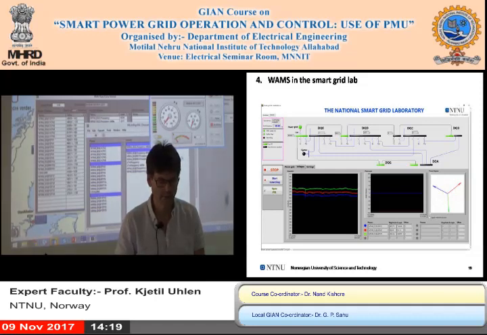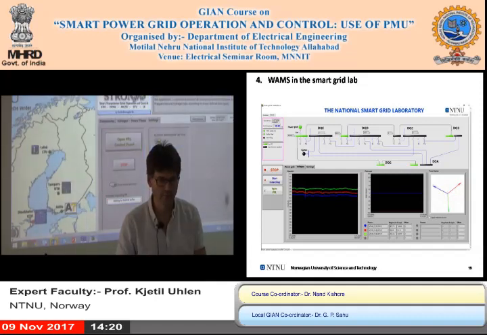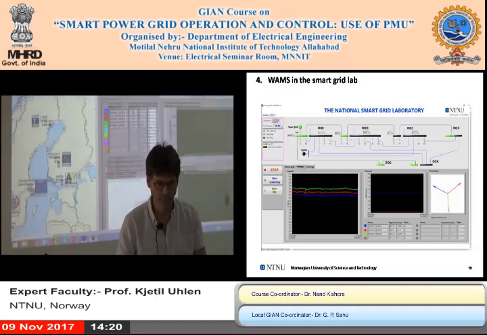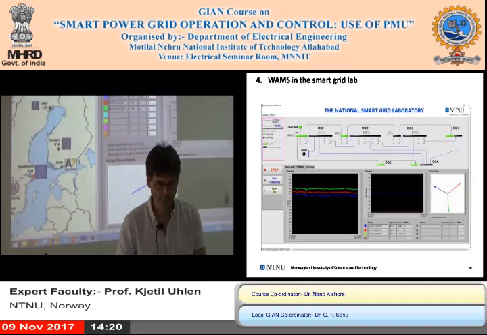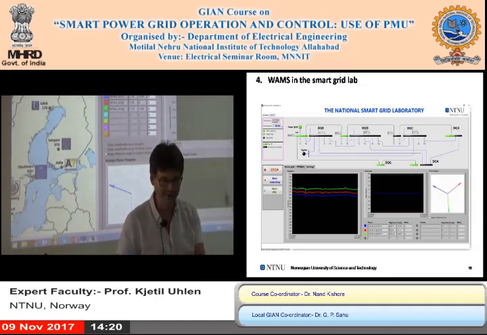Okay, and I've selected three voltages of the same, hopefully the same phase. We'll see. And I'll look at the voltages. It seems like it's the same voltage. There's no loading in the lab, so it's not very interesting.